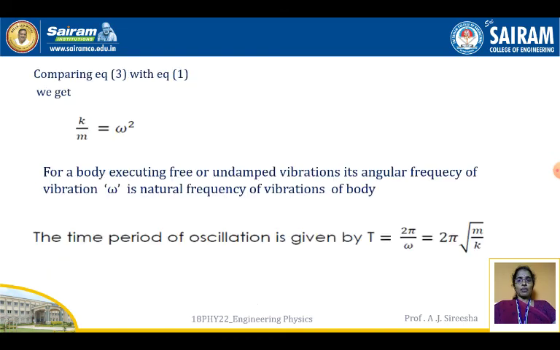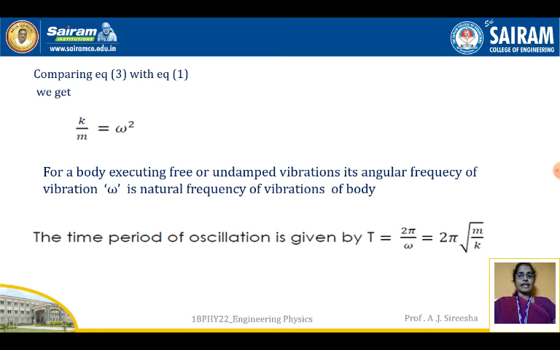So comparing 1 and 3, we get k by m is equal to omega square. So it can also be written as omega is equal to root of k by m. For a body executing free or undamped vibrations, its angular frequency of vibration omega is called the natural frequency of vibrations of the body.